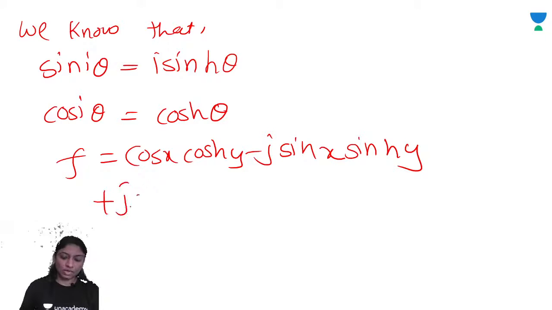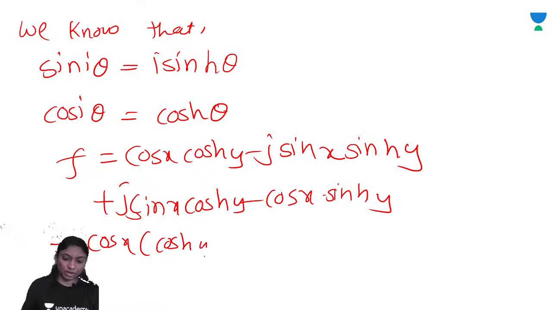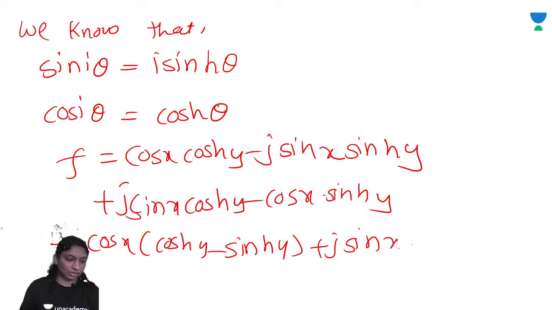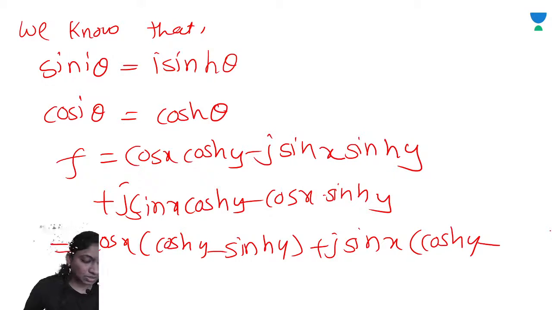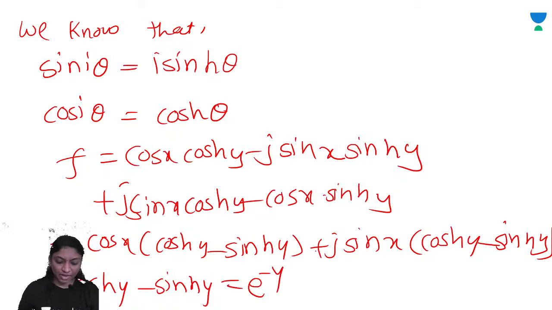Plus i into sin x into cosh y minus cos x into sinh y, which is equal to cos x into (cosh y minus sinh y) plus i into sin x into (cosh y minus sinh y). Cosh y minus sinh y is equal to e raised to minus y.